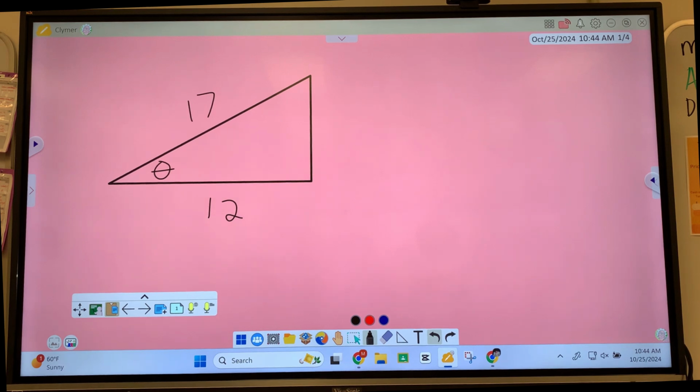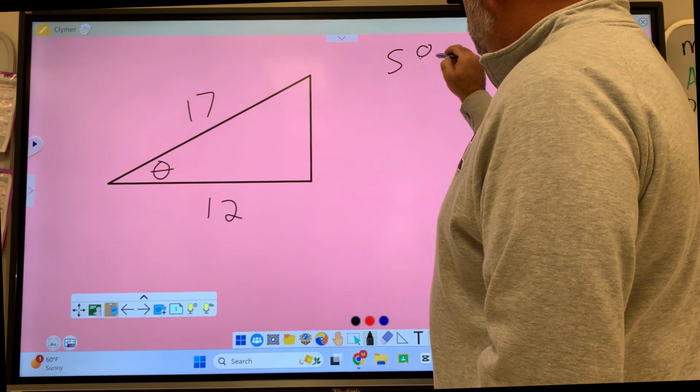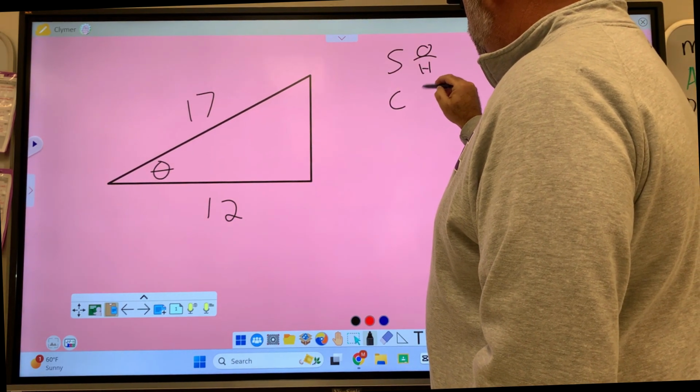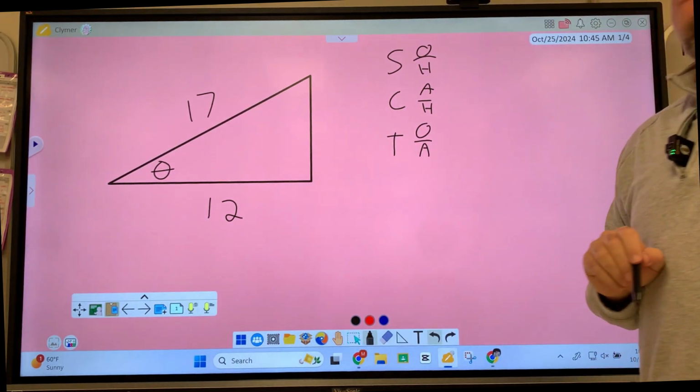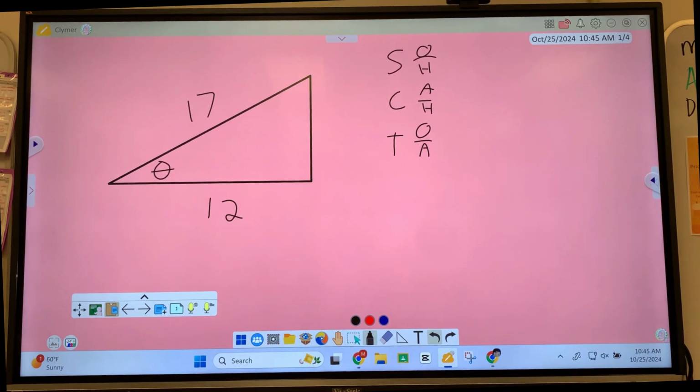If we have two sides of a right triangle, we can solve for any of the angles. So, given our angle is theta here, which identity do we need from SOHCAHTOA? Which identity is going to be helpful here?